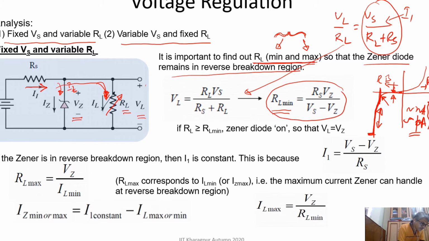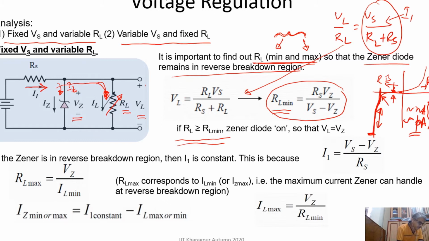We have to make sure the Zener is in breakdown, so we have to use RL more than RL min. What about RL max? We need to find a range of load resistance within which the Zener will remain in the breakdown region, and that will ensure the voltage across RL is constant even if RL is varying. So how do I find the expression for RL max?